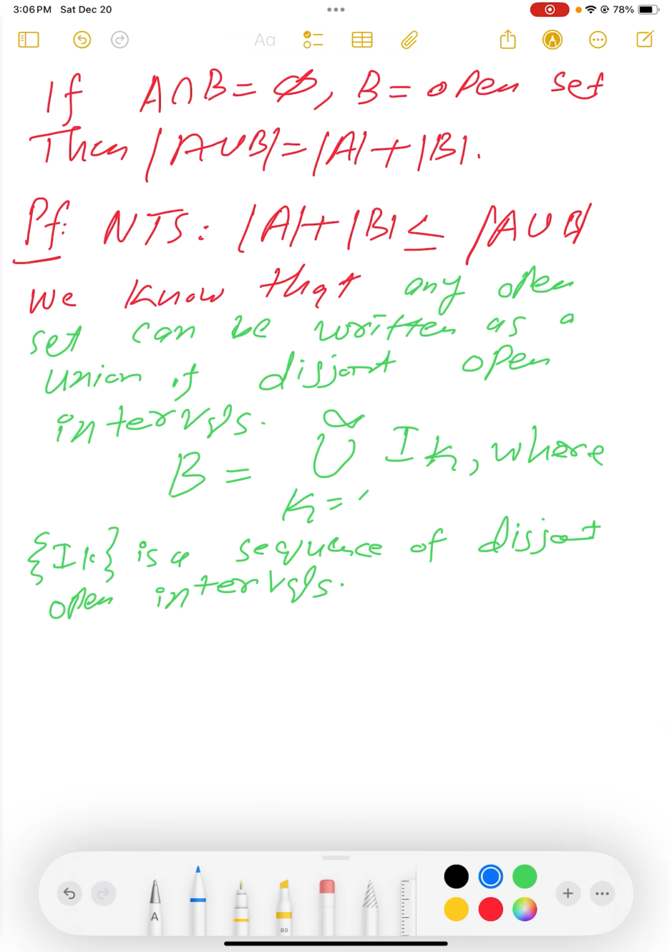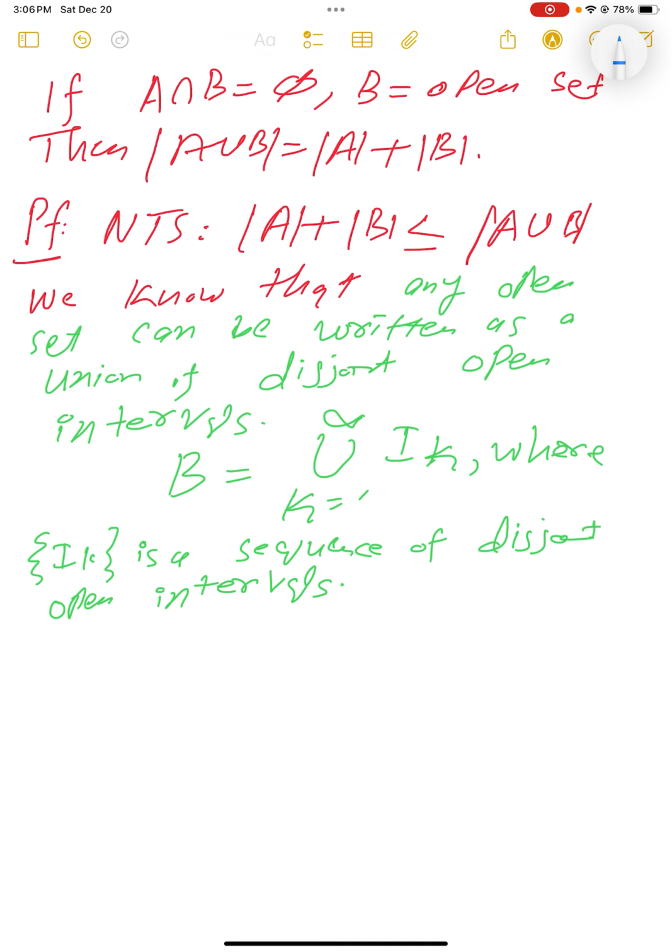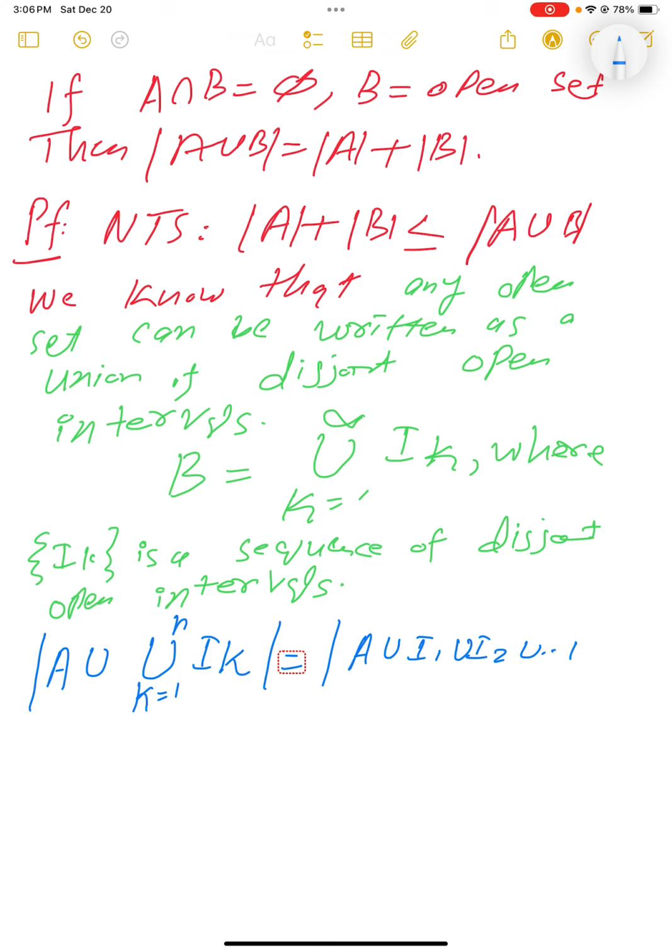Okay, now since B is a union of disjoint open intervals, let us think about A union the union over k equal to 1 up to n of I_k. This is nothing but A union I_1 union I_2 union and so on up to I_n.